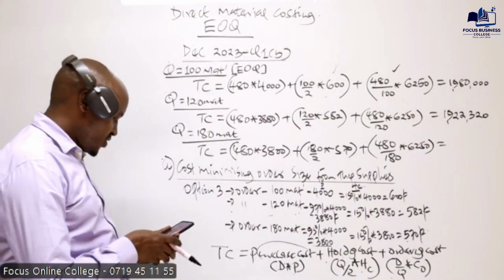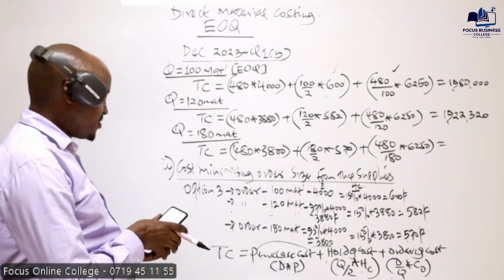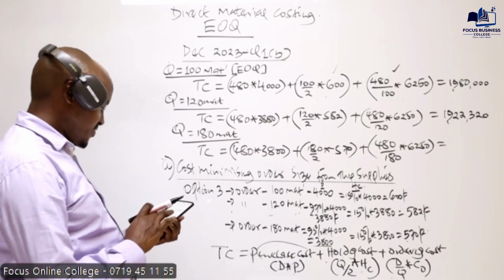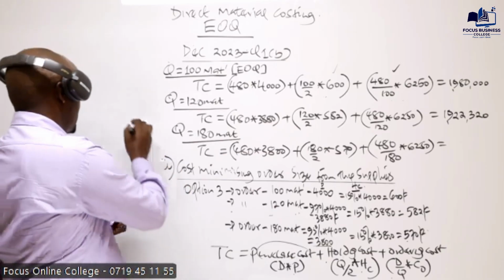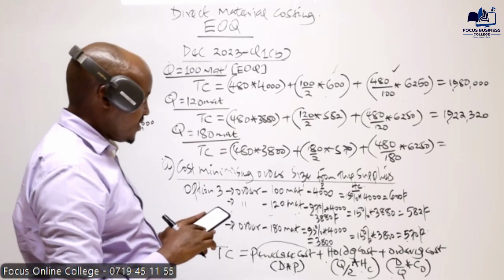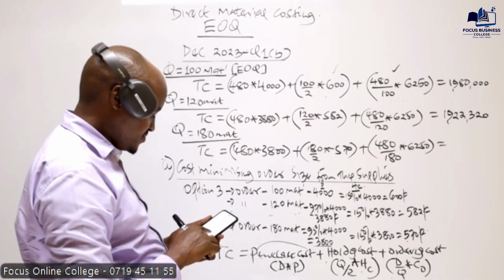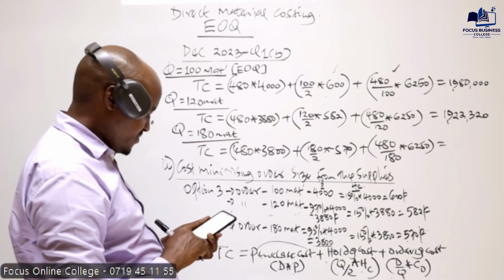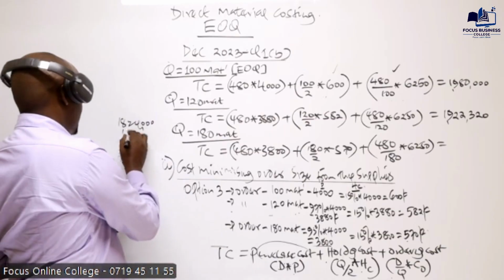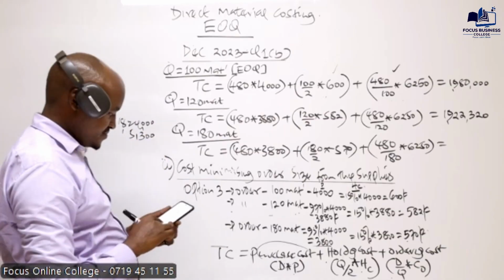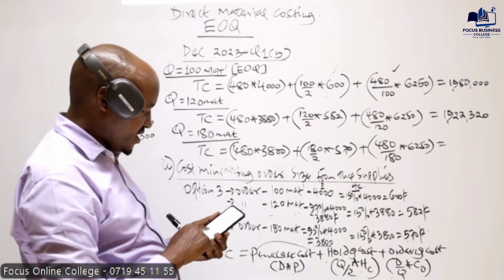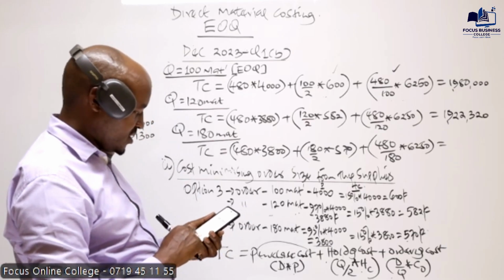So let's get the total cost associated with that order size. The purchase cost will be 480 times 3,800, that will be 1,824,000. Then we have 180 divided by 2 times 570, which is 51,300. And then we have 480 divided by 180 times 6250.